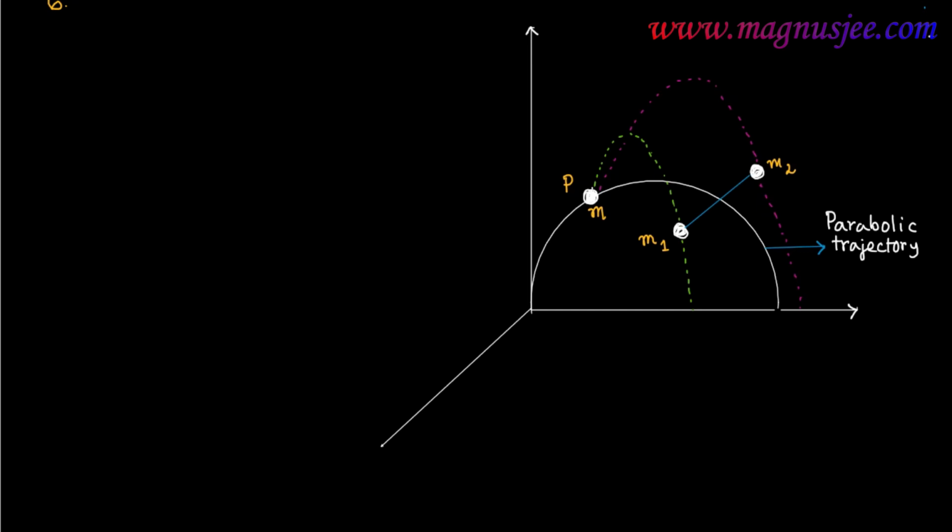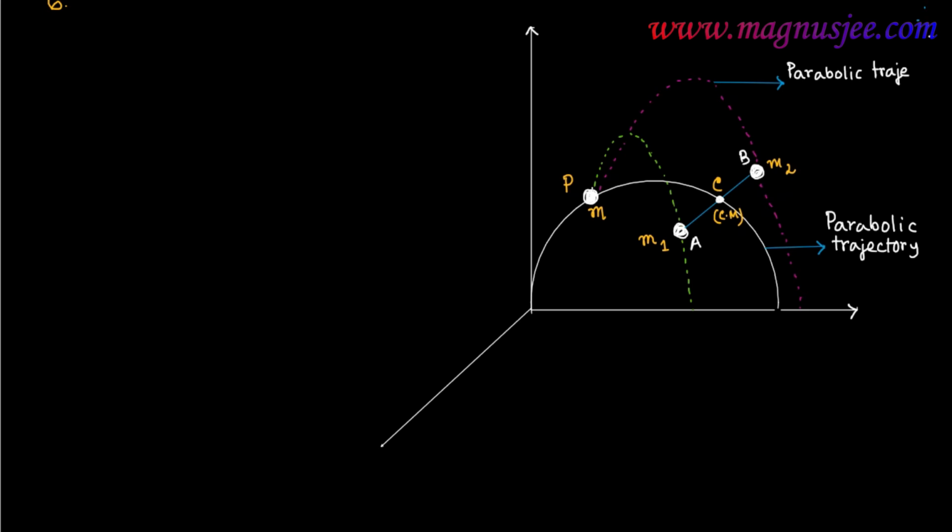We can connect these two fragments at the points A and B, and C is the center of mass of the system of these two fragments, and this center of mass will exist on the same parabolic trajectory as that of the main firecracker.